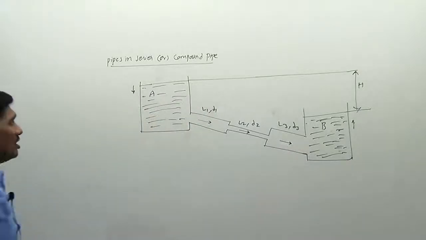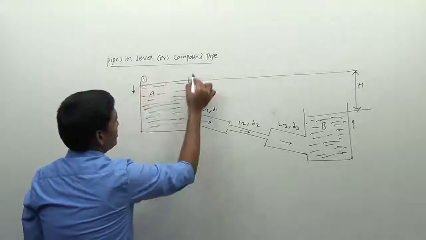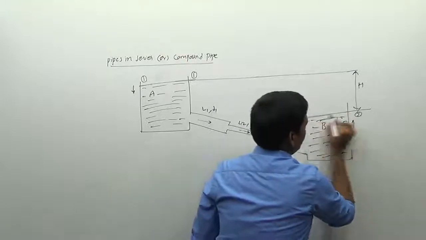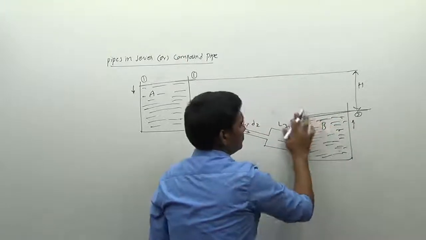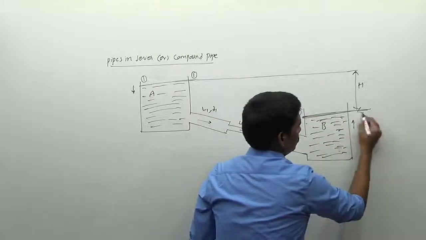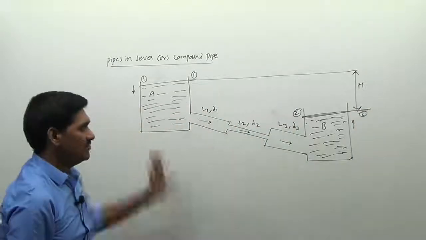Right. Now I want to apply the Bernoulli's equation between the section 1. I am taking this section as 1, and I am taking this section as 2 here. Two sections I am taking here, between level 1 and level 2.